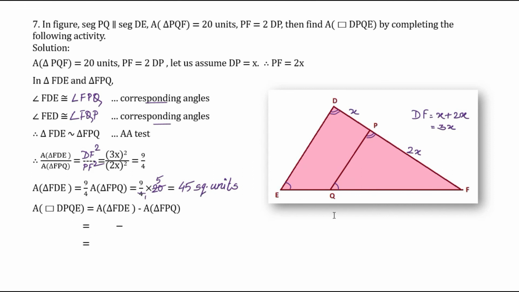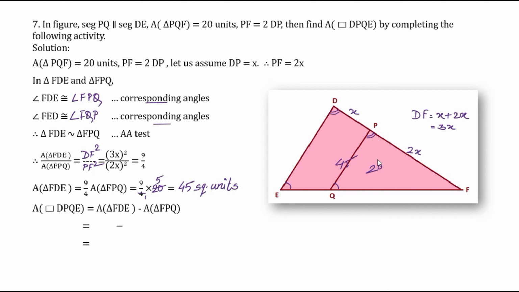Now we have the area of this entire triangle FDE. Also, we have the area of the smaller triangle FPQ, which is given. So this area is 20 and this entire area is 45.